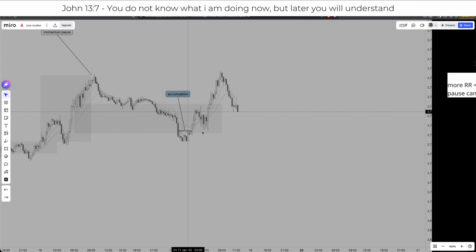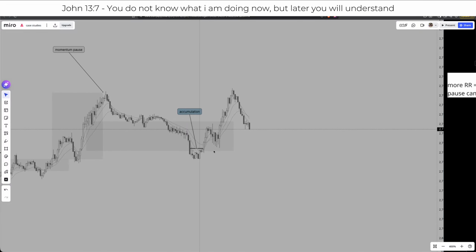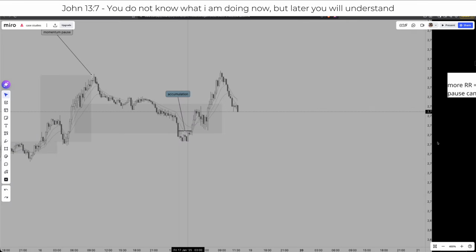Go through here. How would this look? Okay, so if I did the pauses, I would still be in this trade because there's no validation until price breaks this high.